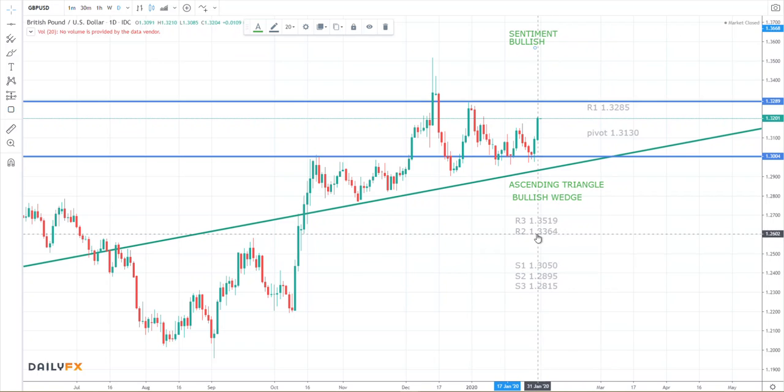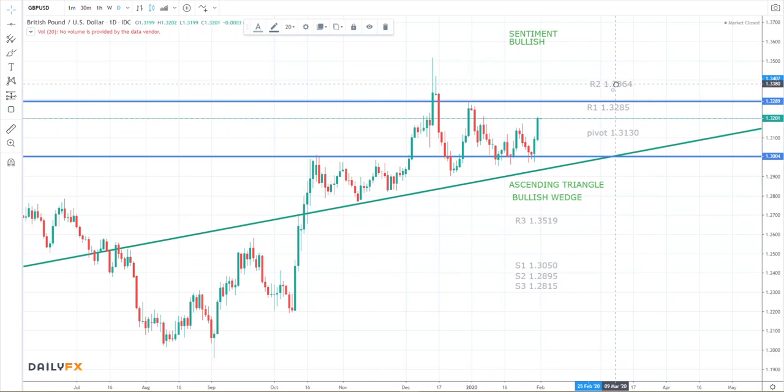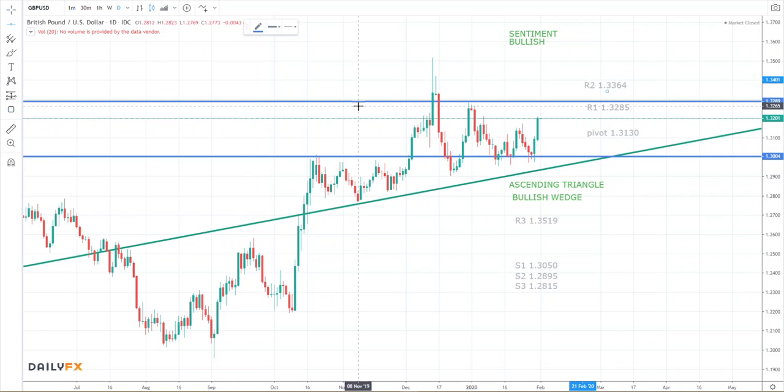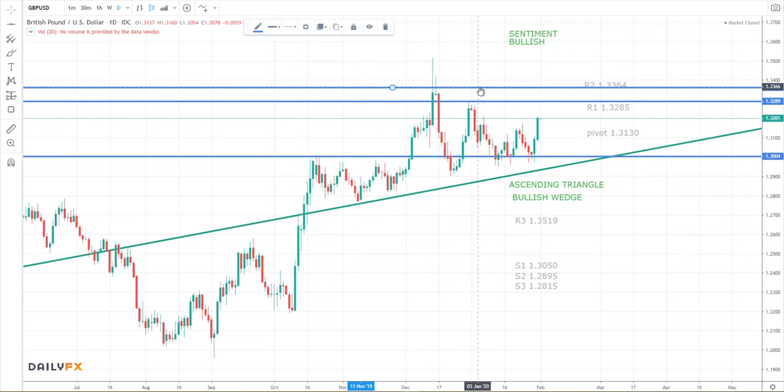Okay, so let's go ahead and place R2 at 33.64. Our next resistance point is right here at this last high. These are fairly easy to place because you can see it's right where the candle couldn't close above. You've got the shadow, the tail of the candle, but the body couldn't close above that line.